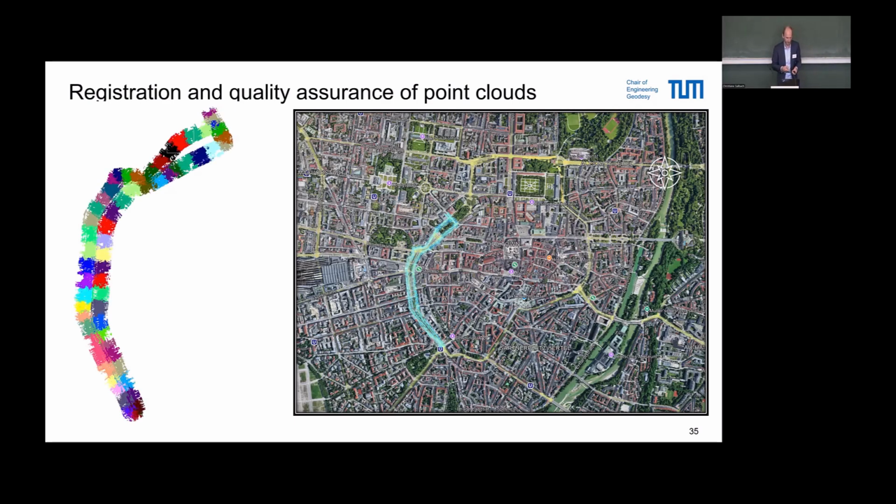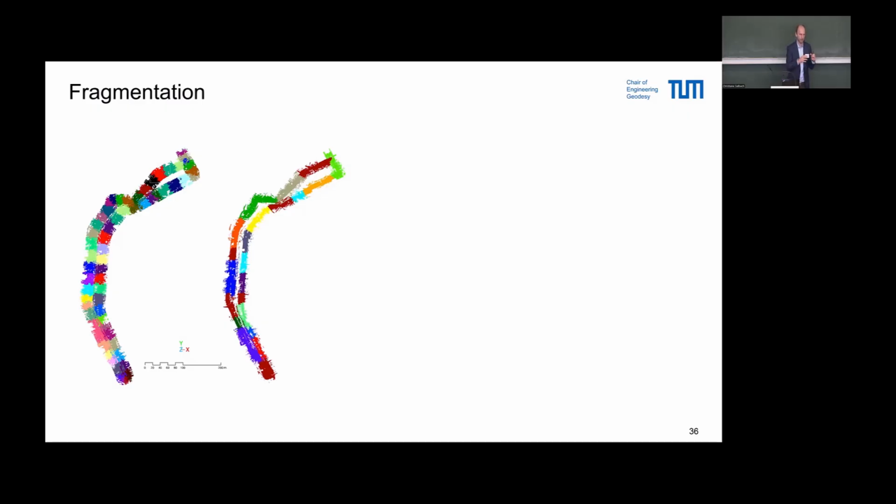So what do we do? We say, okay, based upon the knowledge from before, we fragment this data. We bring this into small blocks and try to register individual blocks, keeping consistency between those blocks still. And the problem is now, we could do this theoretically, but the blocks need to have a certain geometric richness, otherwise it doesn't work.